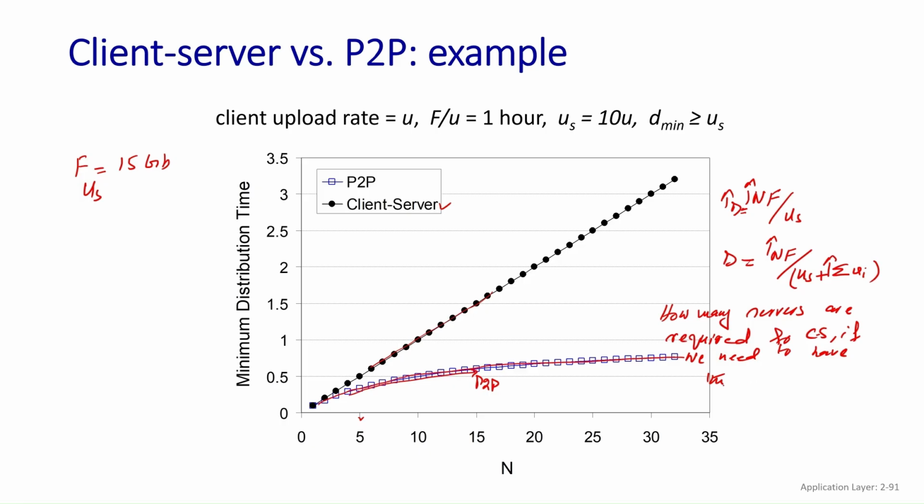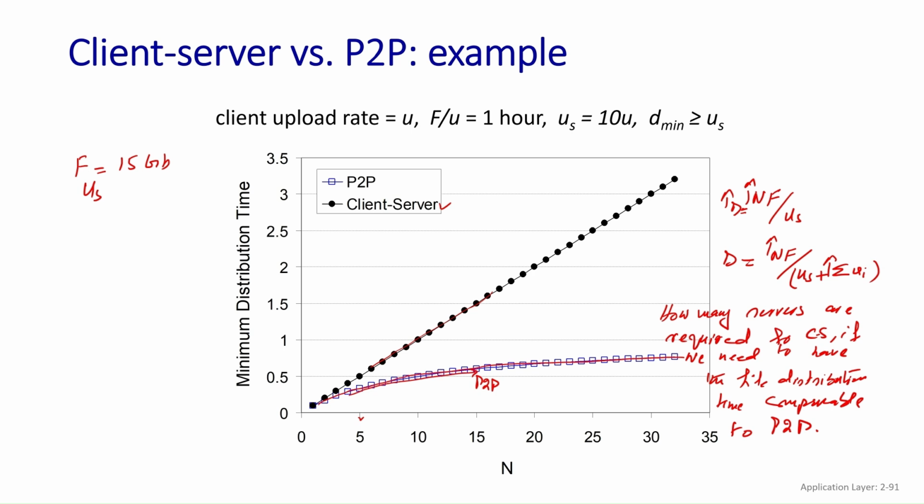If we need a file distribution time comparable to peer-to-peer, how many servers will be required so that the file distribution time is comparable to that in the peer-to-peer arrangement?